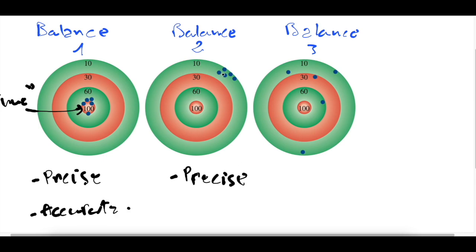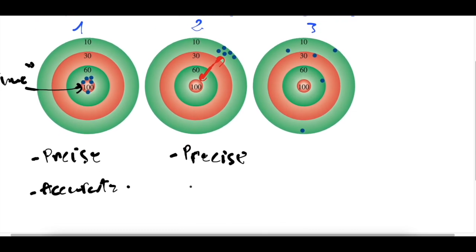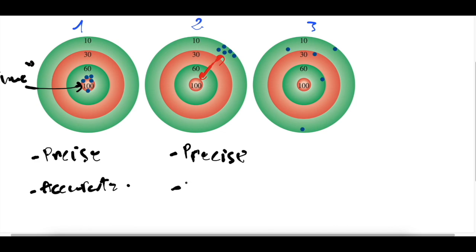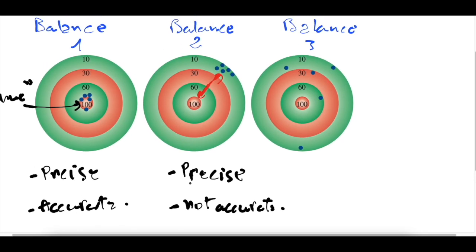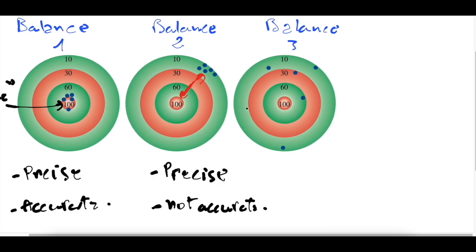But when we compare the distance between each result, or each mass, and the true value, we can observe that there is an important distance between each value, which means that the set of measurements is not accurate. So here we have precise measurements but not accurate.